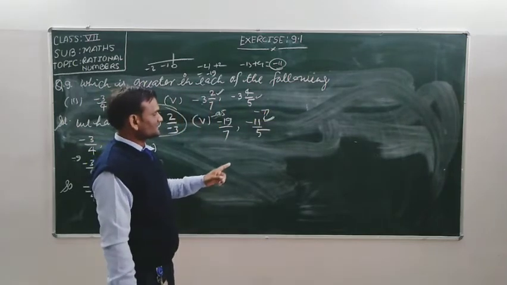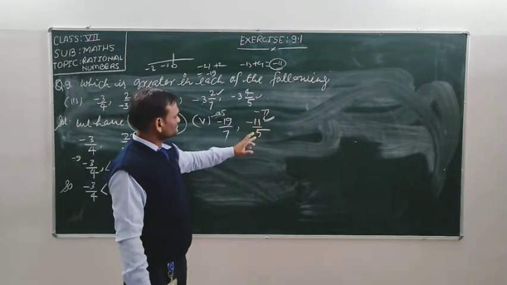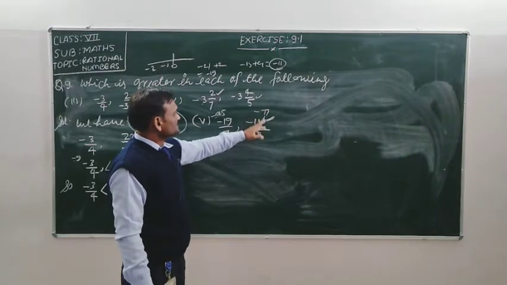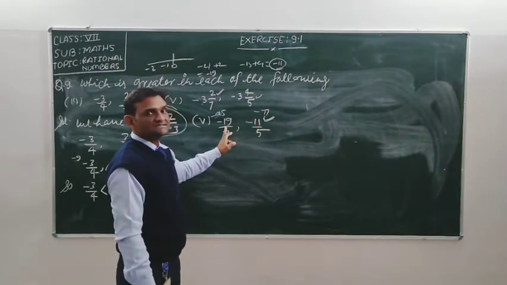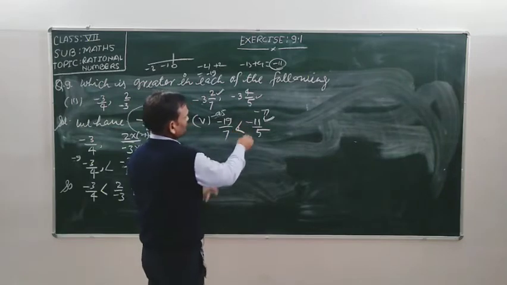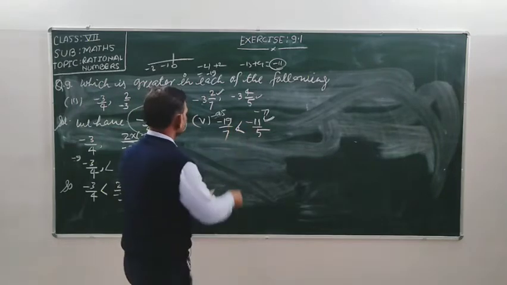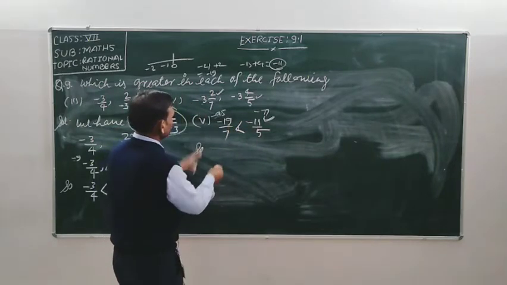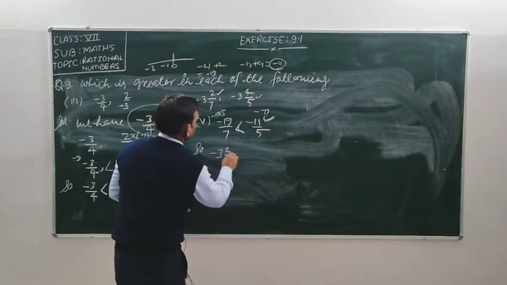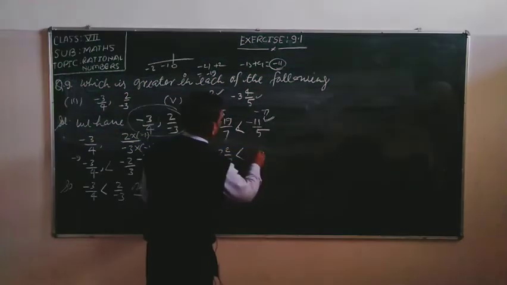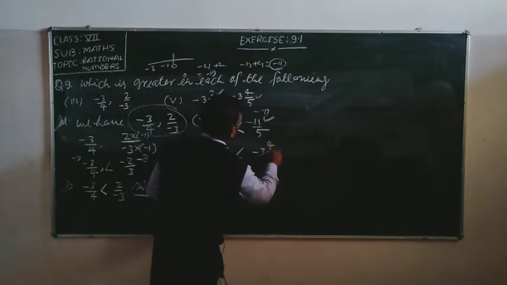It means this is greater and this is smaller. So you can say that minus 3 and 2 upon 7 is smaller than minus 3 and 4 upon 5.